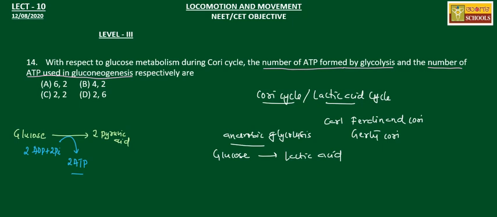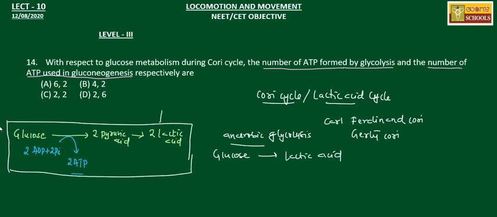Now this pyruvic acid will finally get converted to two molecules of lactic acid. This entire process takes place in the muscle cell. Now this lactic acid is transported from the muscle cell to the liver cell.